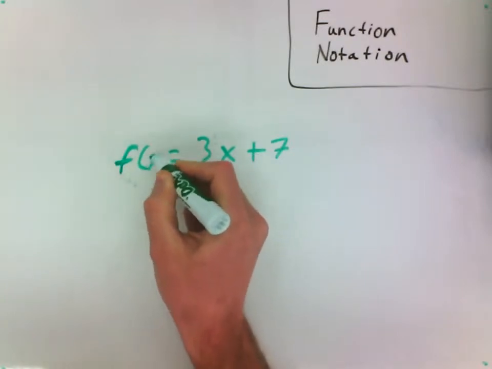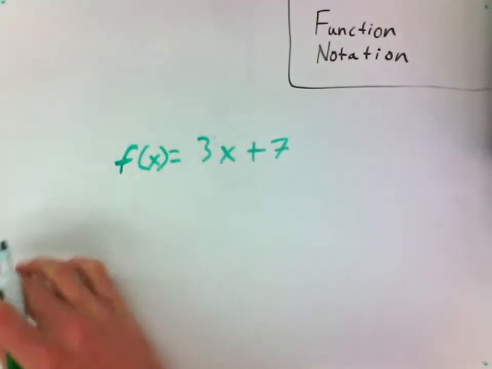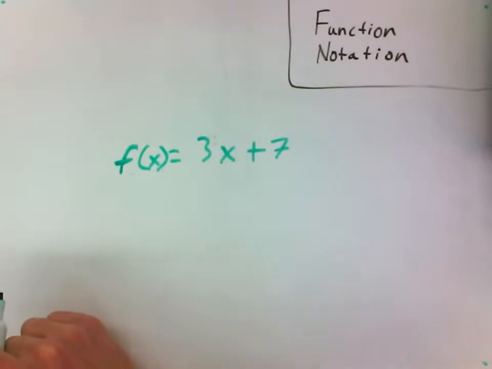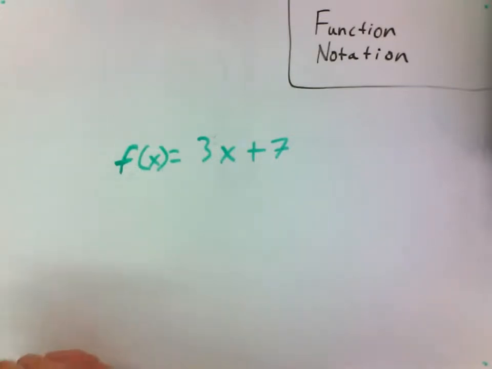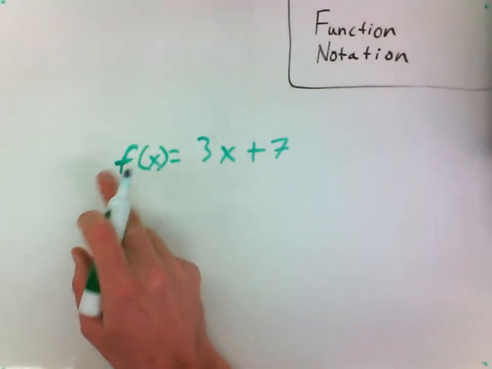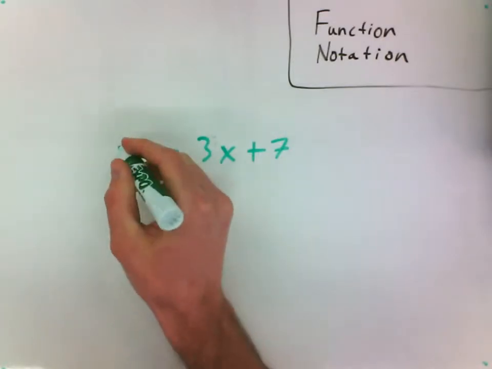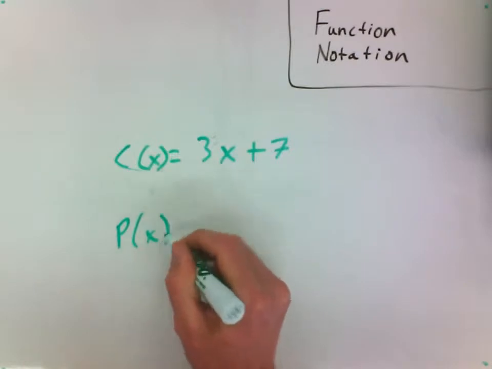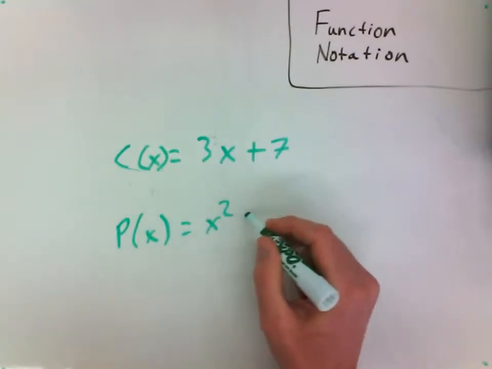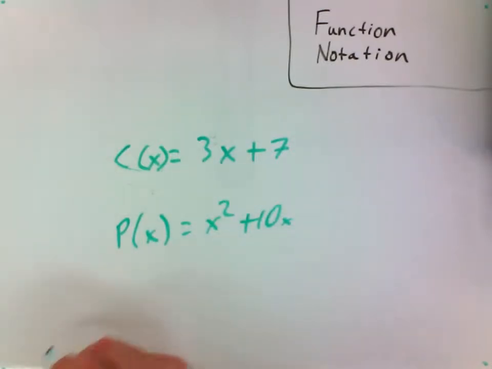So instead of writing y there, I'm going to write f of x. The idea behind this is as we get to more complex problems, like if we were running a business, right? Maybe c of x is the number of customers, p of x is the amount of profit given something.